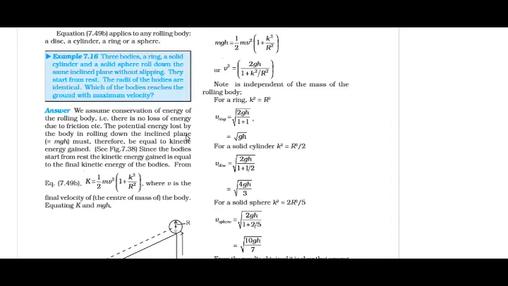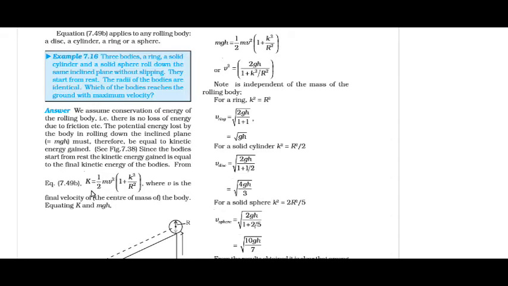There is no loss of energy due to friction, so the potential energy lost by the body rolling down the inclined plane, mgh, must be equal to the kinetic energy gained. Since the body starts from rest, kinetic energy gained is equal to the final kinetic energy of the body.